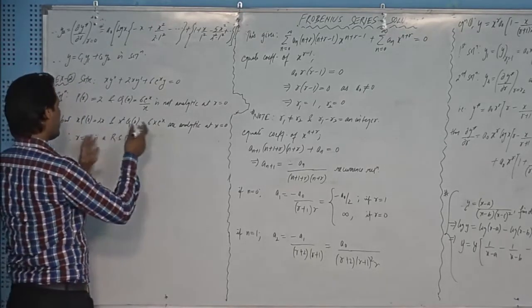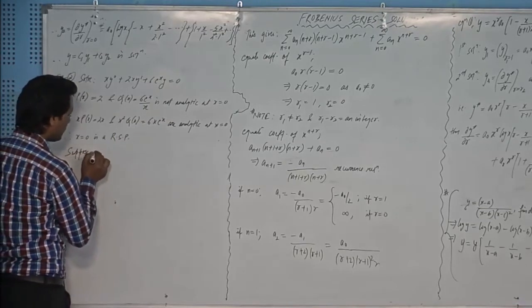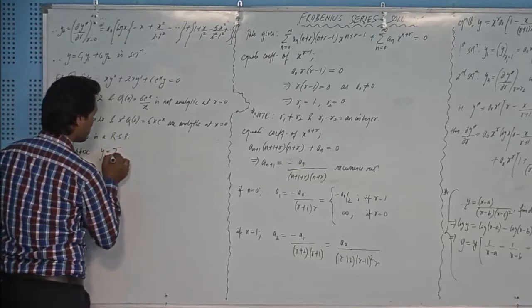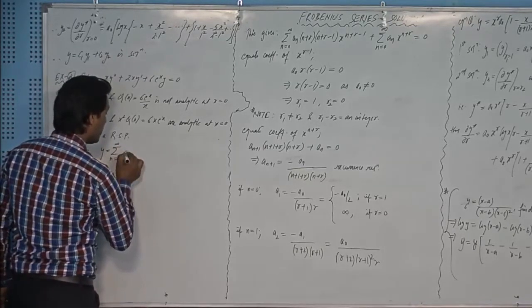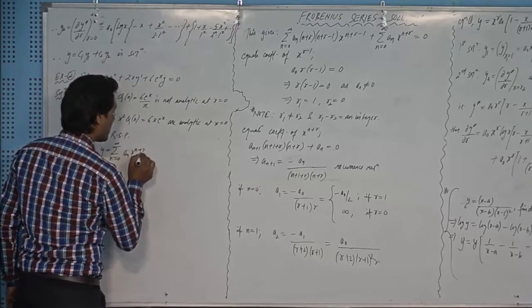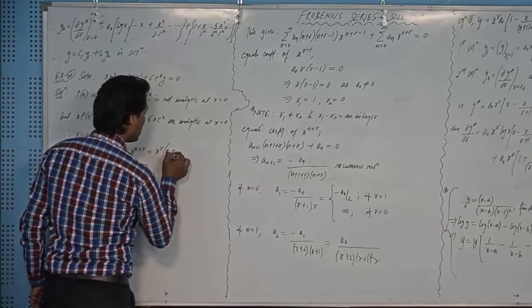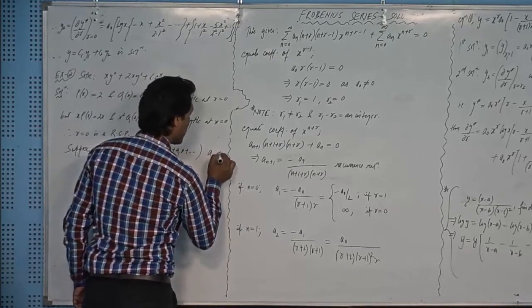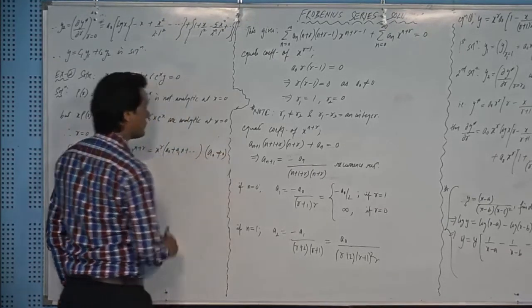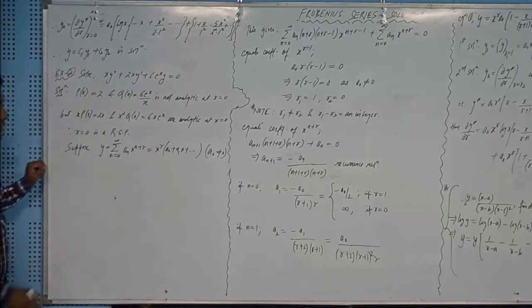So when we say that x equal to 0 is a regular singular point, we should hope that our solution is of the Frobenius series form, summation n equal to 0 to infinity a n x to the power n plus r, and in the expanded version it is x to the power r times a naught plus a1 x and so on, and we should remember that this a naught is not equal to 0. So I will differentiate it twice and plug those values here.